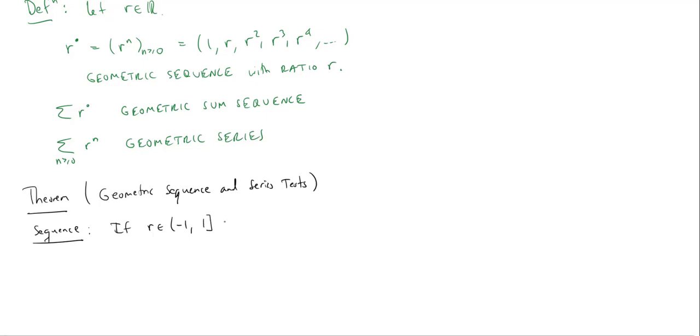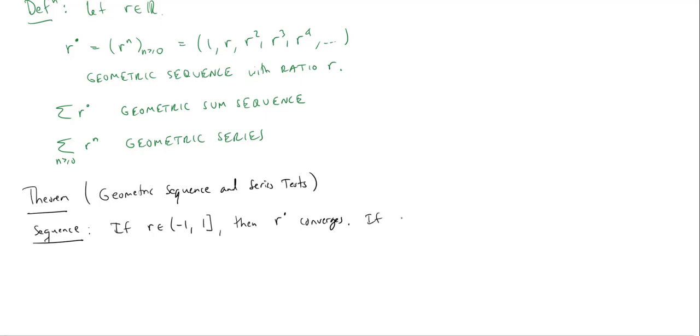So if r is between -1 and 1, including 1, then the geometric sequence r^n converges. And whether it converges to 0 or 1 depends on which of the r's we choose.